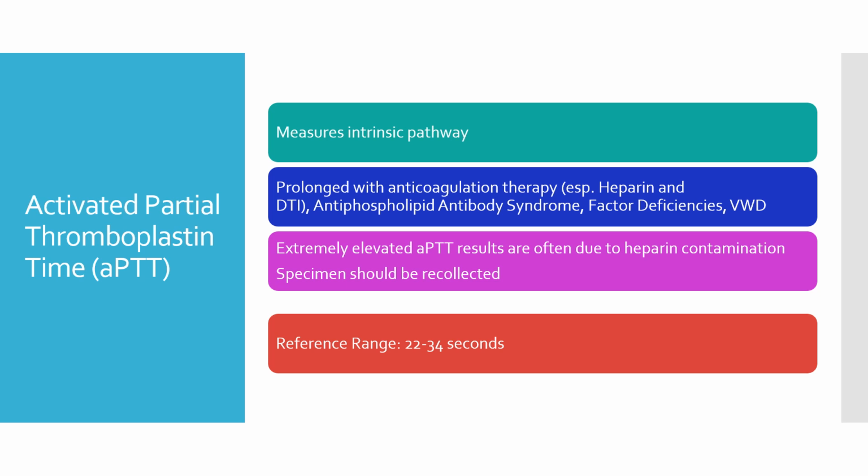There may be non-specific inhibitors like antiphospholipid antibody syndrome, maybe that lupus anticoagulant, factor deficiencies, von Willebrand's disease, and even sometimes factor-specific inhibitors like factor 8 and 9 inhibitors. Extremely elevated APTT results are most often due to heparin contamination during the point of collection.